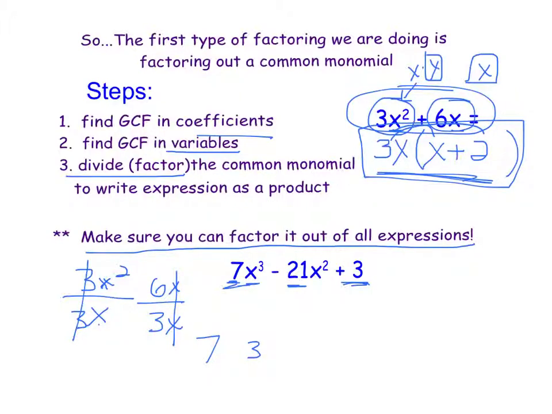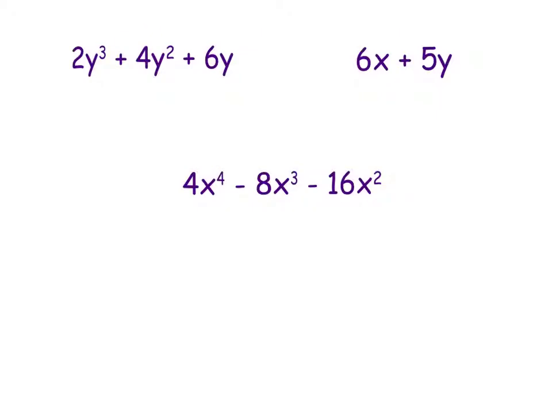Here I have x to the third and x squared, so it looks like I can factor out an x squared, but the 3 does not have a variable term, so there isn't anything that all of the terms have in common. So we can say that this is prime from what we know, or we need to just leave it as is. So let's do some practice problems.